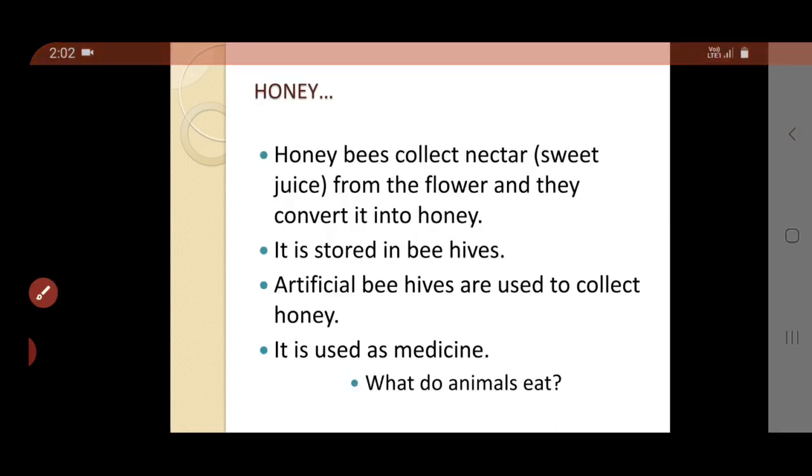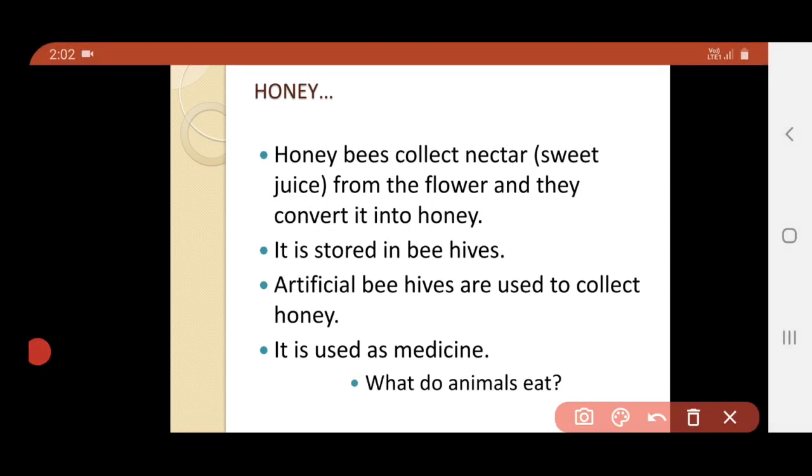Next, honey. Yeah, it is very tasty, right? Where do we get this honey? Who will bring honey for us? Honeybees collect nectar from the flower and they convert it into honey. Nectar. What is nectar? It is nothing but the sweet juice from the flower.